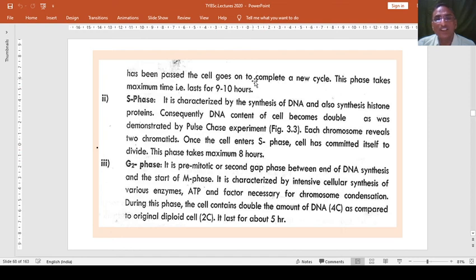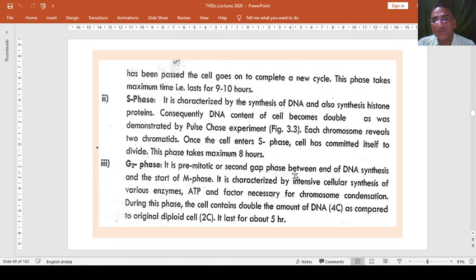So first stage about 9 to 10 hours, second stage about 8 hours, and third stage G2 phase will take 5 hours. We have already seen in the diagram. So growth second phase or post DNA synthesis phase is the pre-mitotic or second gap phase, because after this phase the cell is ready for dividing into two cells.